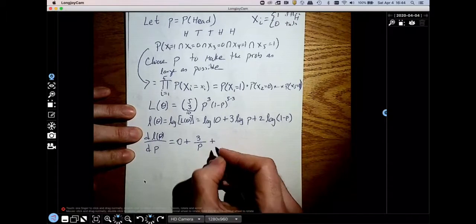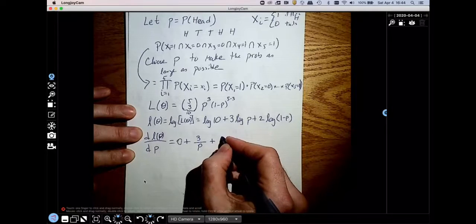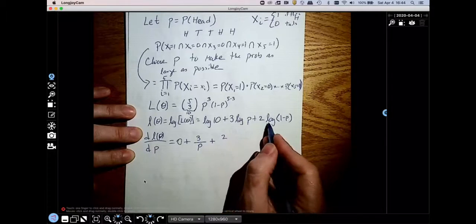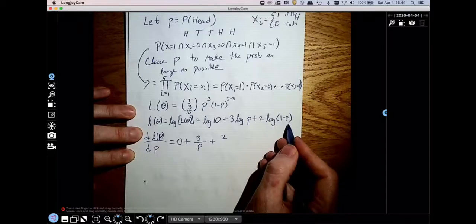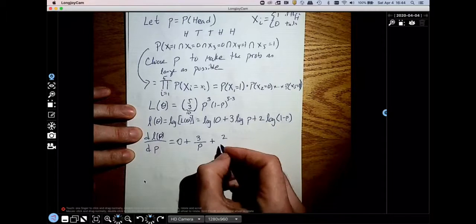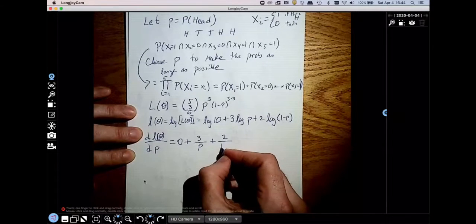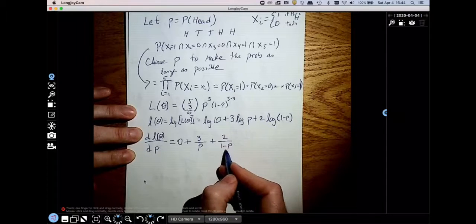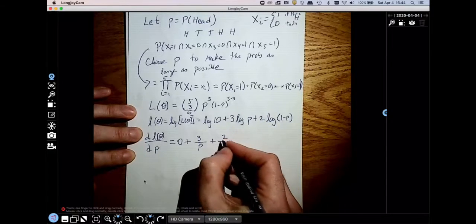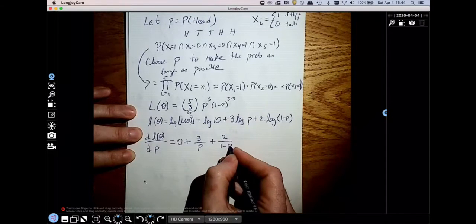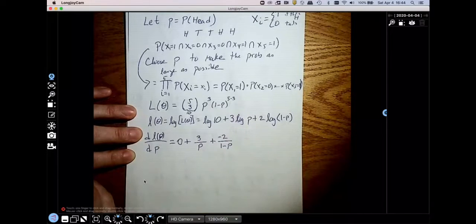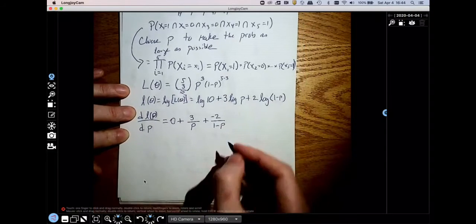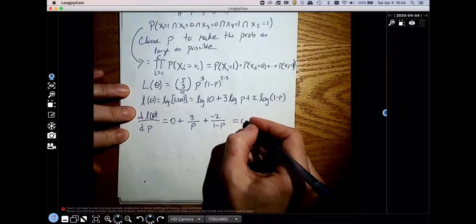So this is going to be plus 2. What's the derivative of the log of 1 minus p? Well, it's going to be 1 over 1 minus p. Then using the chain rule, what's the derivative of 1 minus p? It's a minus 1. So we'll just put a minus sign in front. So all of this has to equal 0.